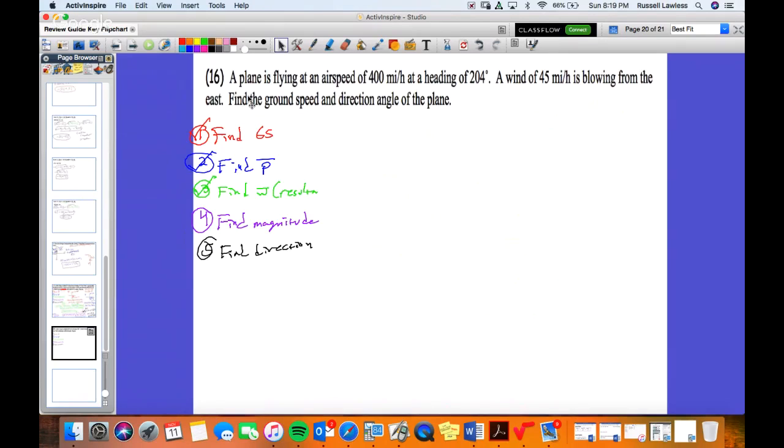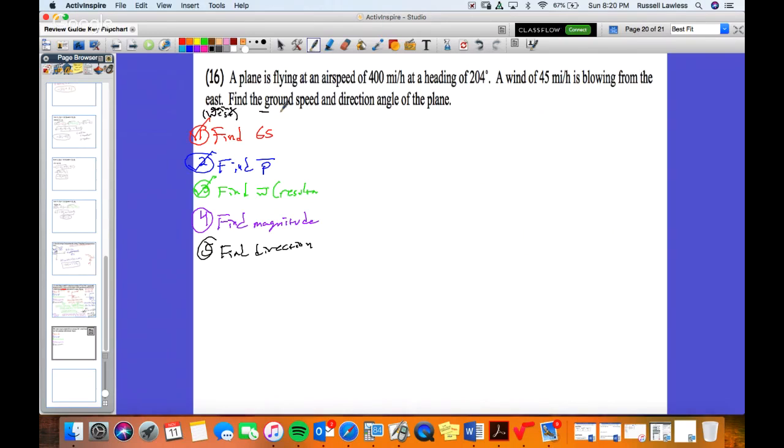So the only difference in this problem is that we have to read what we're looking for. If a plane is flying at an airspeed of 400 miles an hour, heading 204 degrees, and a wind of 40 miles per hour is blowing from east to west. From east, that means it's going west. So we want to find the ground speed and direction.